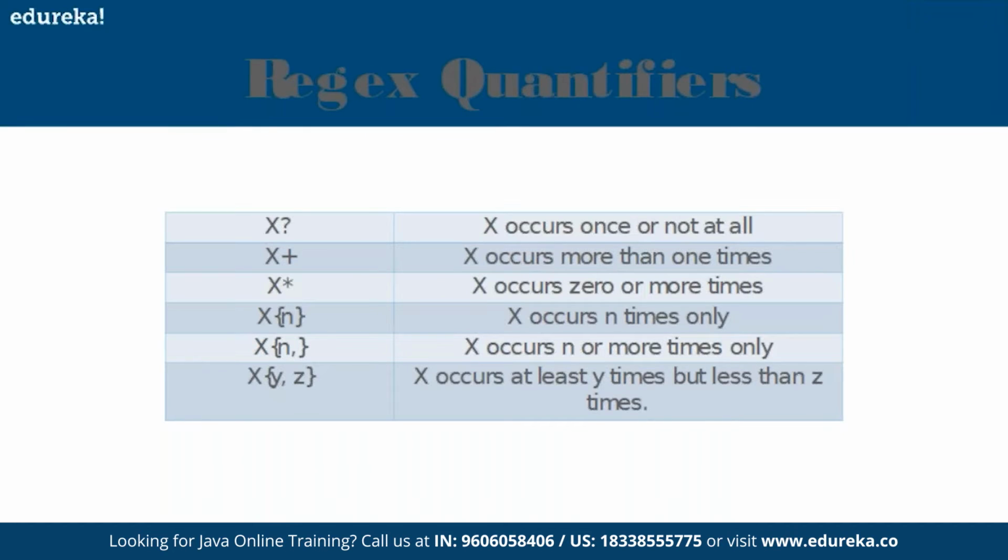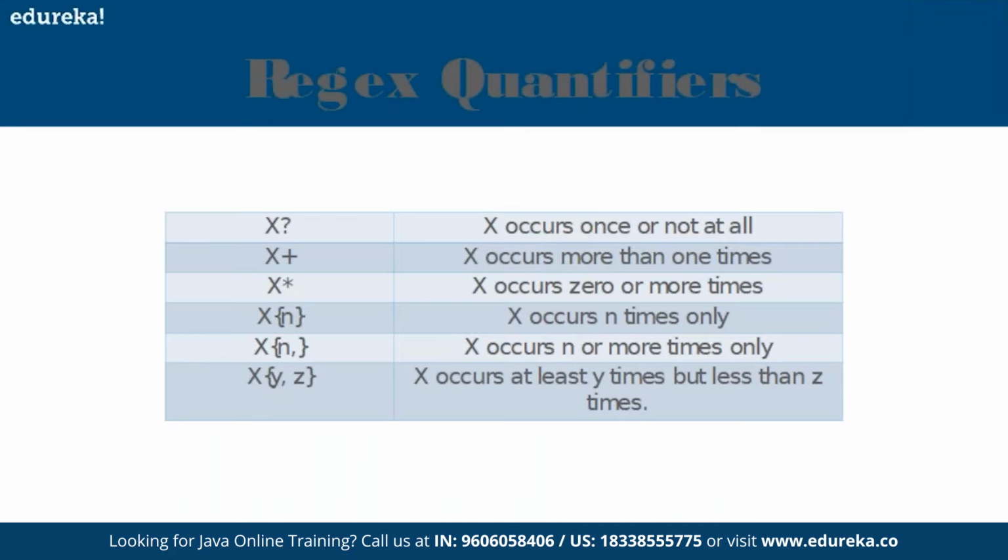If it is a plus, then once or more times. If it is an asterisk, it may occur zero or more times. X with curly braces n means X occurs n number of times only. X with n comma means X occurs n or more times. And X with y comma z means X occurs at least y times but less than z times.